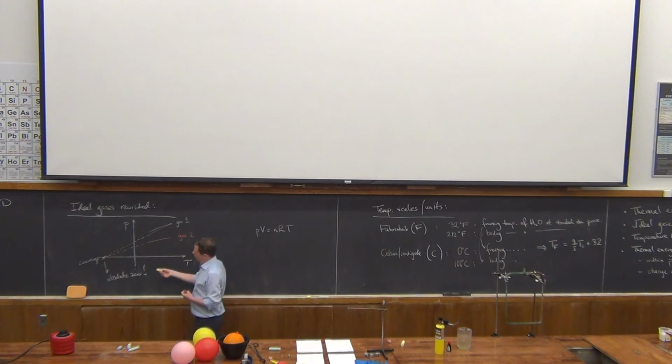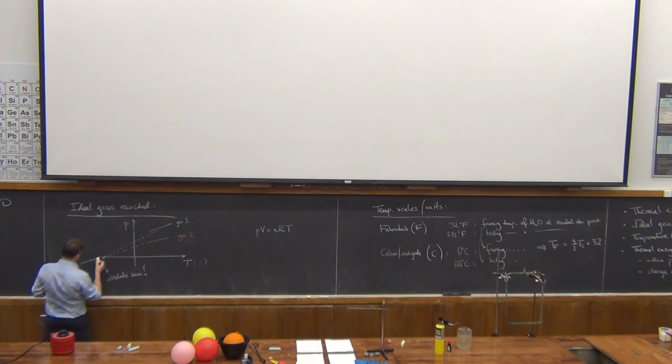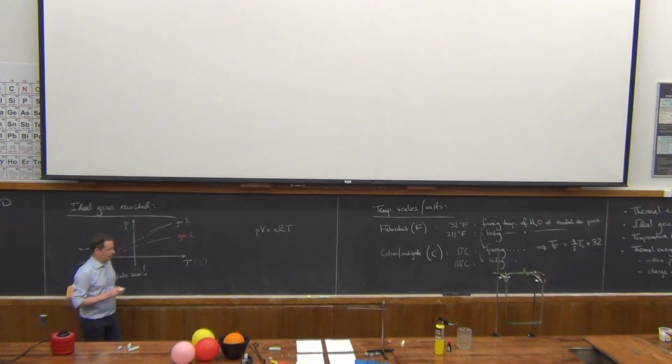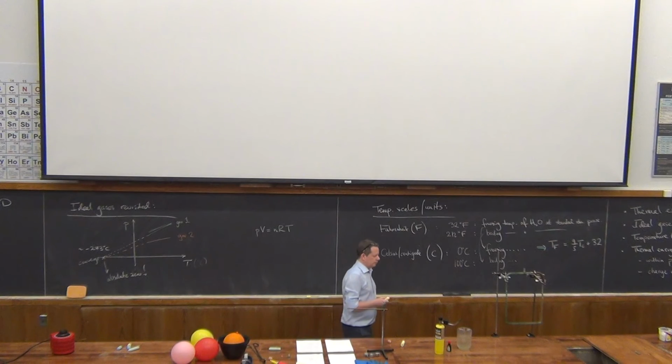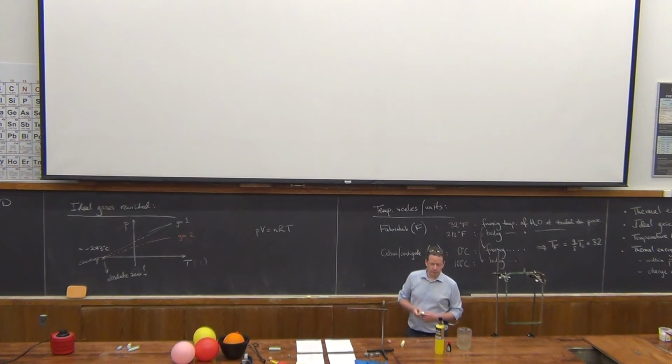On this Celsius scale, this number down here is approximately minus 273 degrees Celsius. It's not exactly that, but it's close. So that turns out to be the temperature extrapolated from this behavior that we believe to be absolute zero.